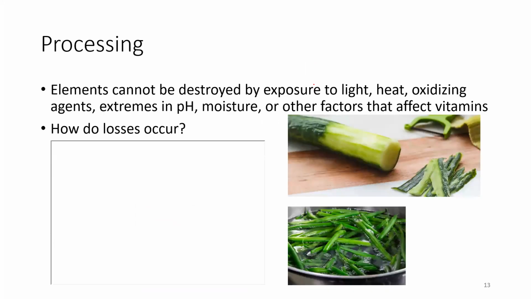So during processing, we can lose these micronutrients. In some cases we can increase them, and we'll talk about that too. But we can lose them. And in contrast to the vitamins, in vitamins, a lot of the loss was because of heating, like degradation.